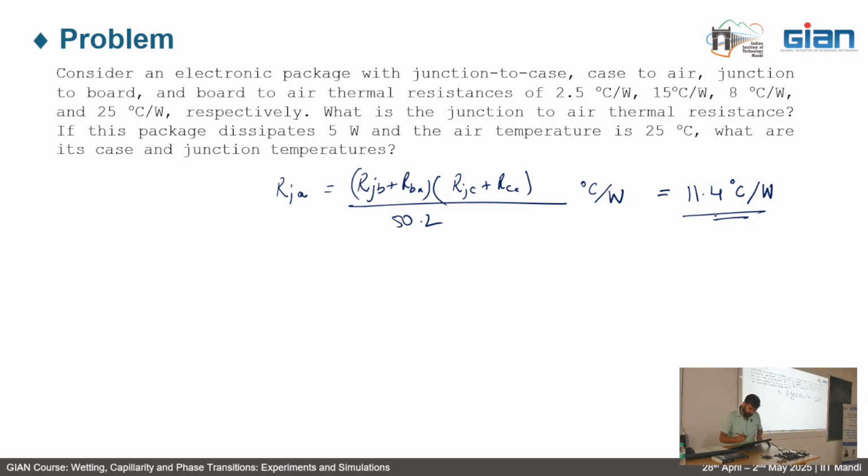By definition, we know that R_JA is equal to Tj minus Ta divided by Q. We can use this relation very simply, and then we can find Tj is equal to Q times R_JA plus T ambient, and this would be equal to 5 times 11.4 plus 25, somewhere around 82 degrees centigrade, right?